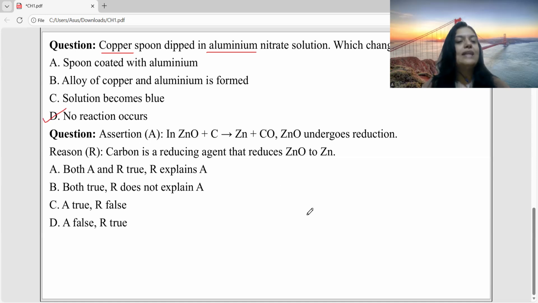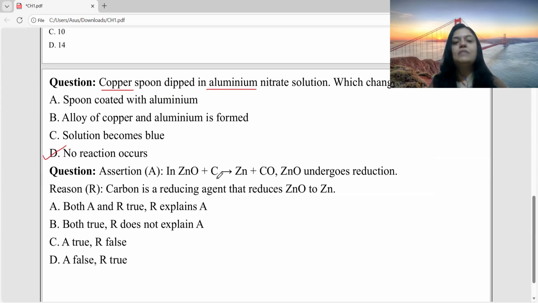Now, next, assertion and reason. In ZnO plus carbon becomes Zn plus CO, assertion: ZnO undergoes reduction. Reason: carbon is a reducing agent that reduces zinc oxide to zinc. Now, if you notice in this picture, ZnO is becoming Zn. So obviously there is a reduction, right?